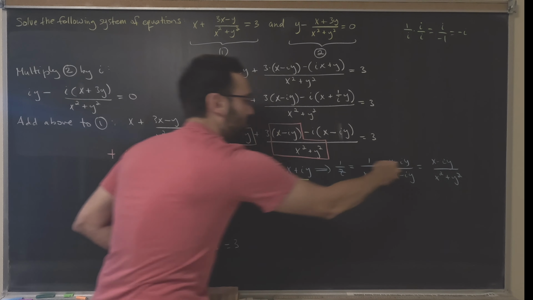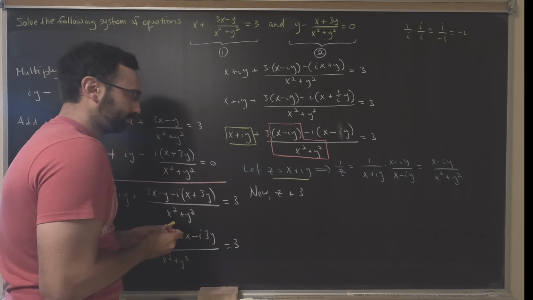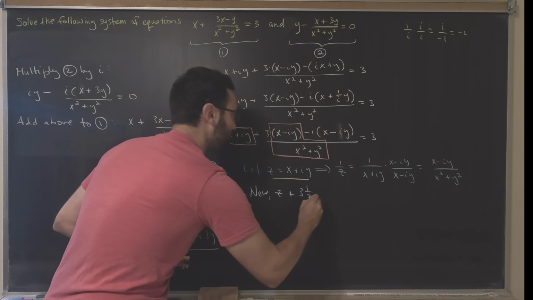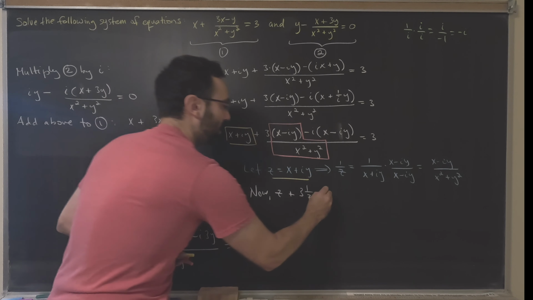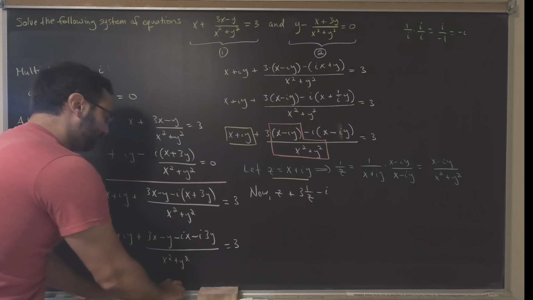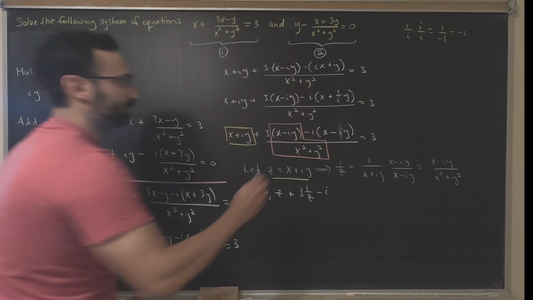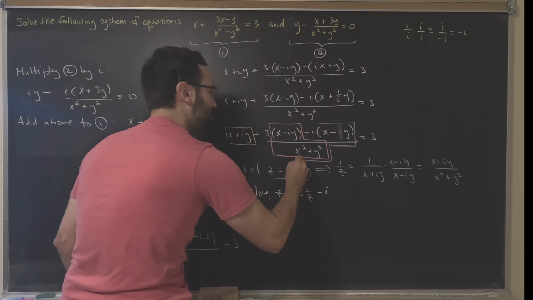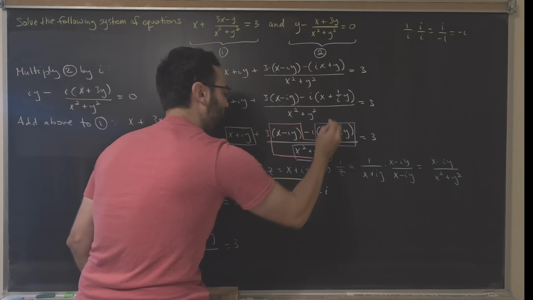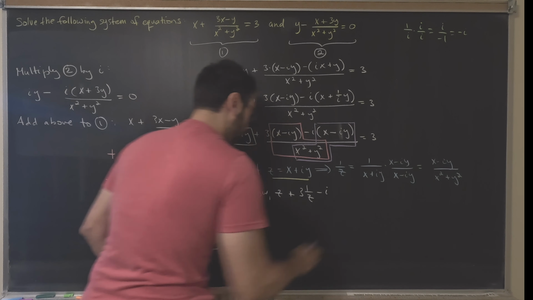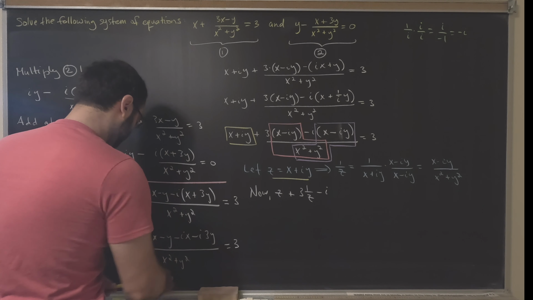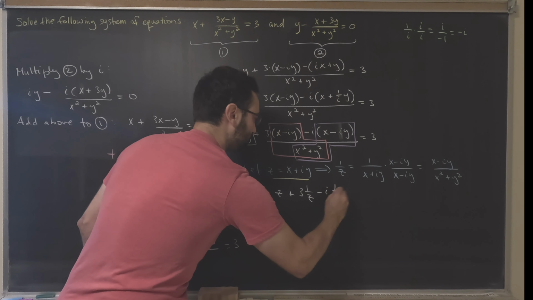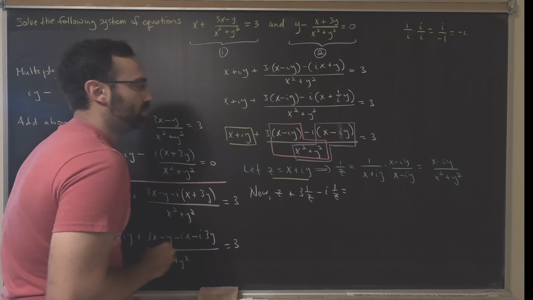That's this quantity, which is 1 over z, minus i times this right here, x minus iy divided by x squared plus y squared. That again is this quantity, 1 over z. And that all equals 3.